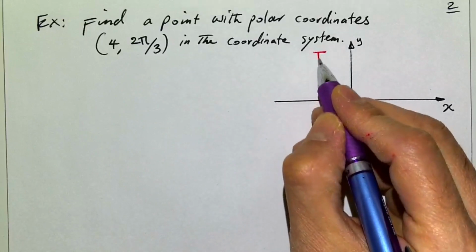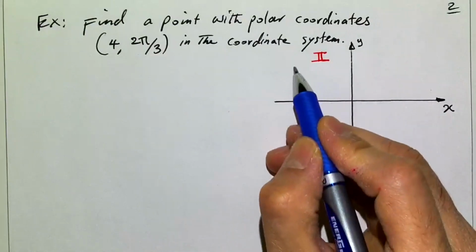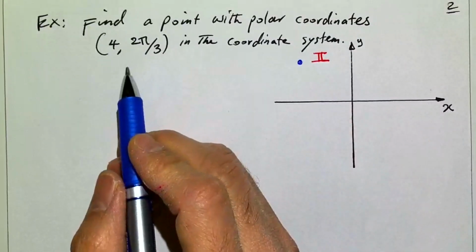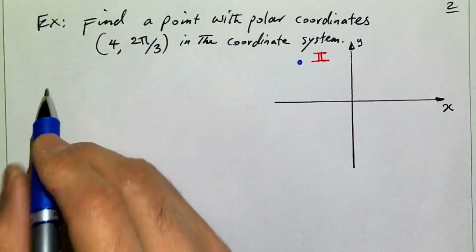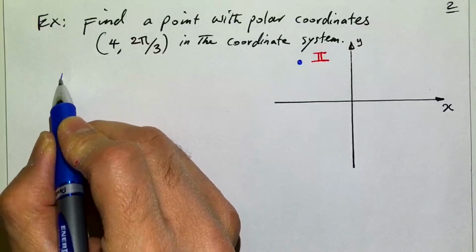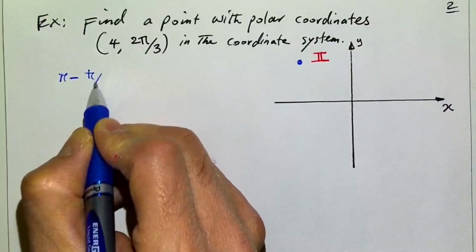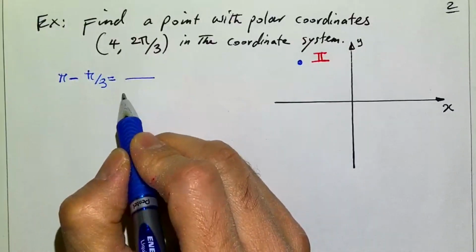So we are here, and let's actually put a point here. To be exact, pi minus pi over 3 is equal to 2 pi over 3, right?